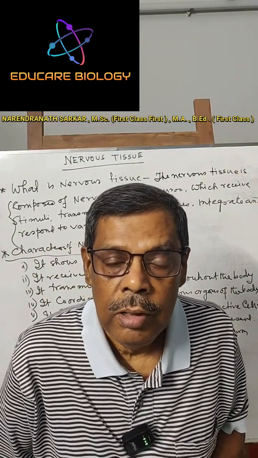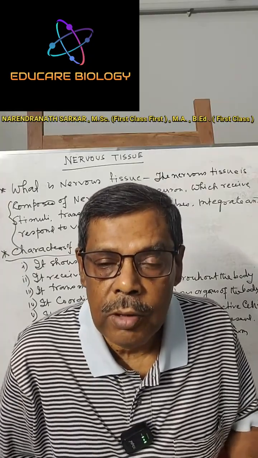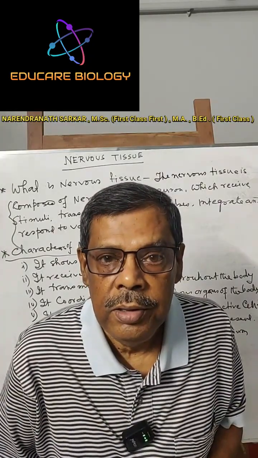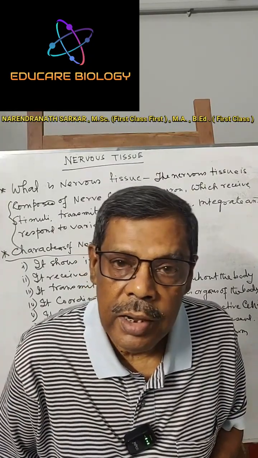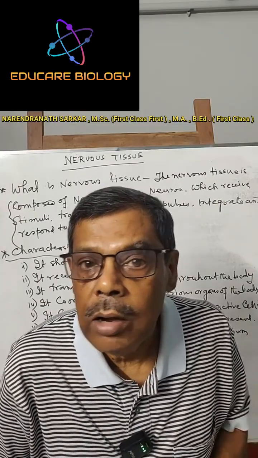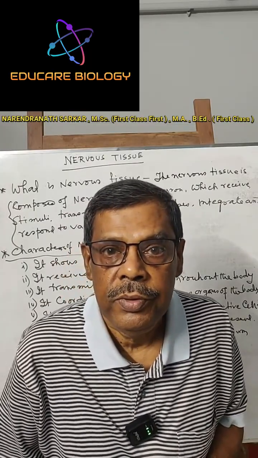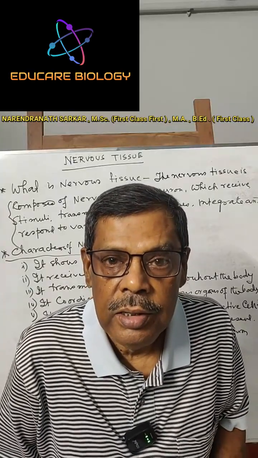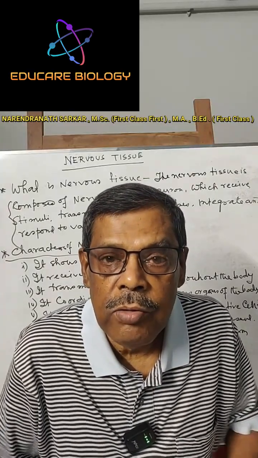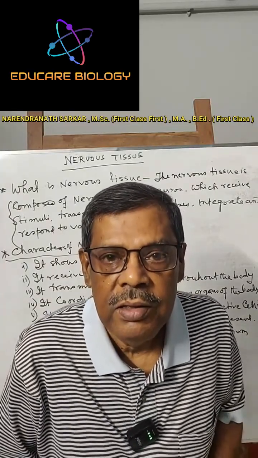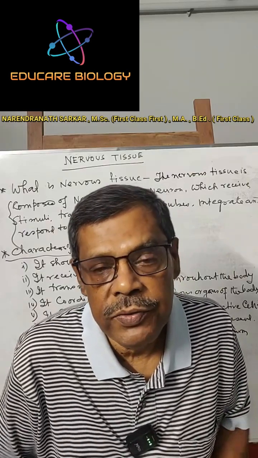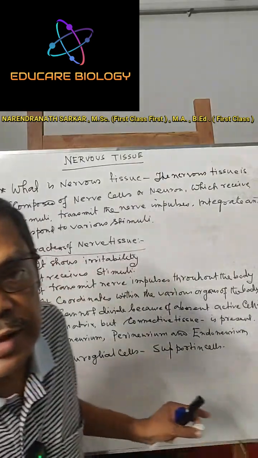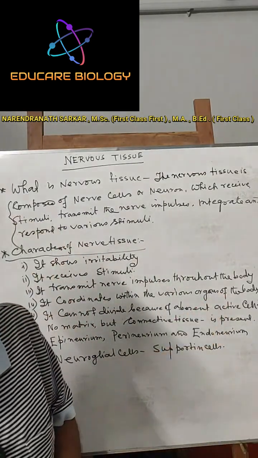So after the birth of child, neuron cannot divide. But when neuron is destroyed, the repairing takes place by the supporting cells. These are neuroglial cells.